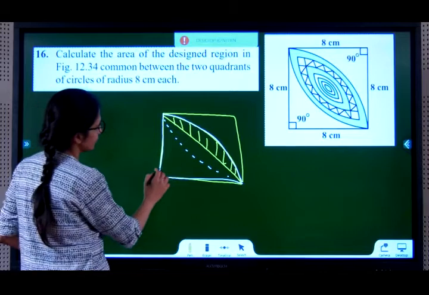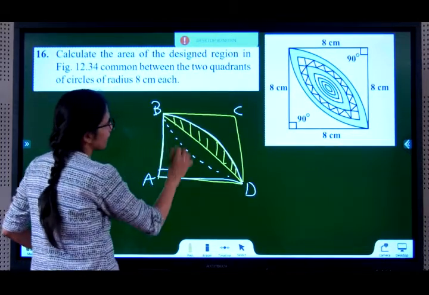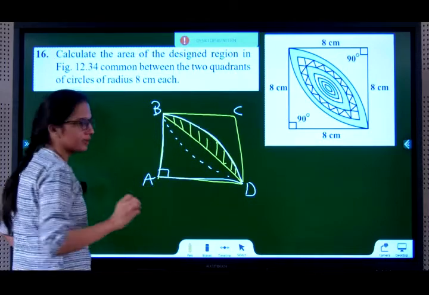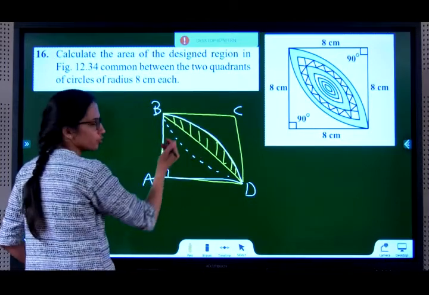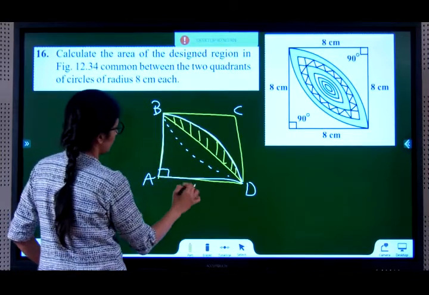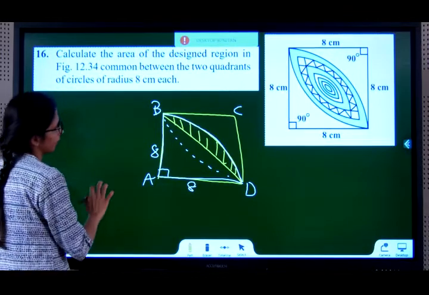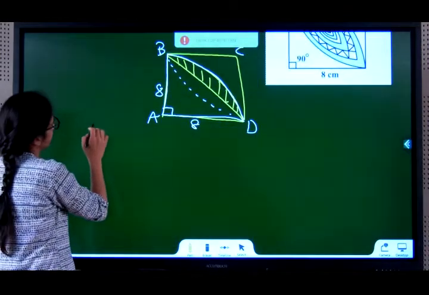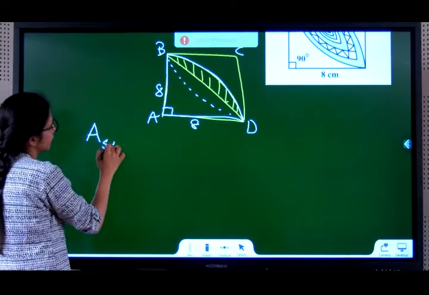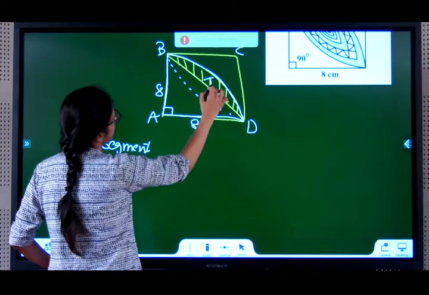So what am I going to be doing in this diagram? Let's label it as ABCD. I am going to find the area of this segment. Then multiplying by 2, I will get this also. Correct? So I am just going to deal with one quadrant now. 8, 8. Easy. How to do this? So we can say area of segment, or let's call this section 1.